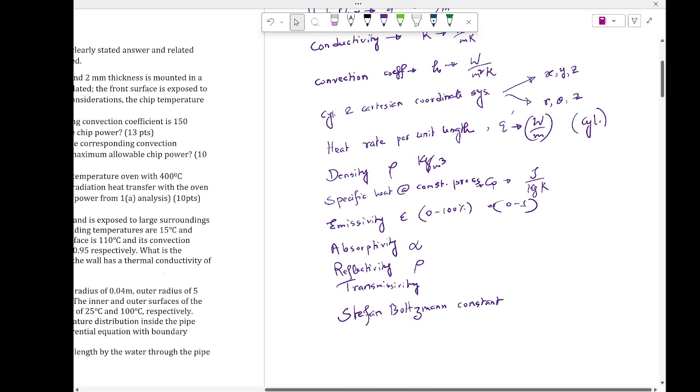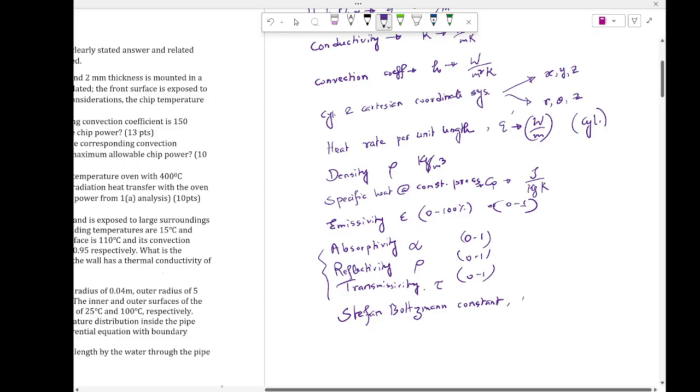All right. So absorptivity, reflectivity, transmissivity. What is the symbol that we use for transmissivity? Sigma, right? Then the Stefan-Boltzmann constant. By the way, absorptivity, reflectivity, and transmissivity all have the same range of values: 0 to 1, 0 to 1, 0 to 1, right? Now, for the Stefan-Boltzmann constant, what is the symbol that we use?